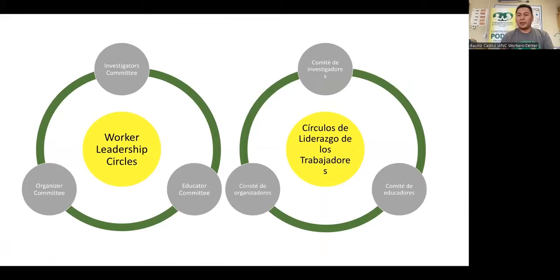And then there is the organizer committee, which organizes any actions that can be taken. The organizing committee invites their colleagues to be part of the group so they can also take leadership of the situations that arise.